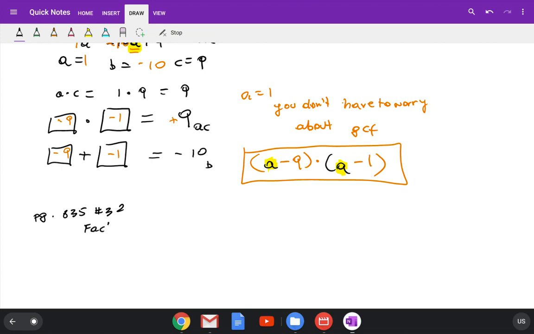Also, factor completely. And be sure to factor out GCF. So that's what they're saying. Be sure to factor out GCF when necessary.